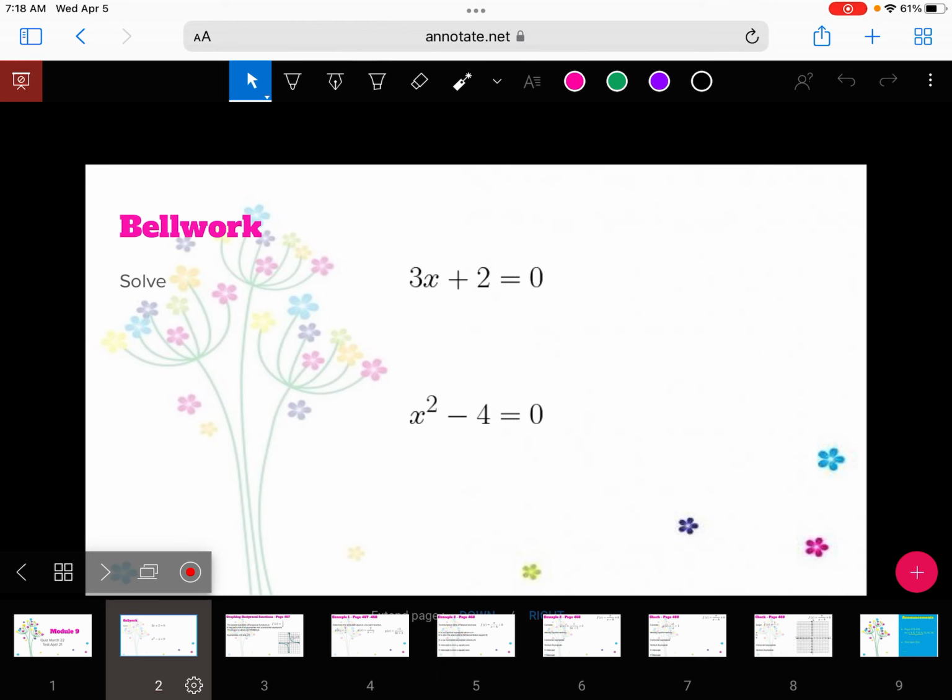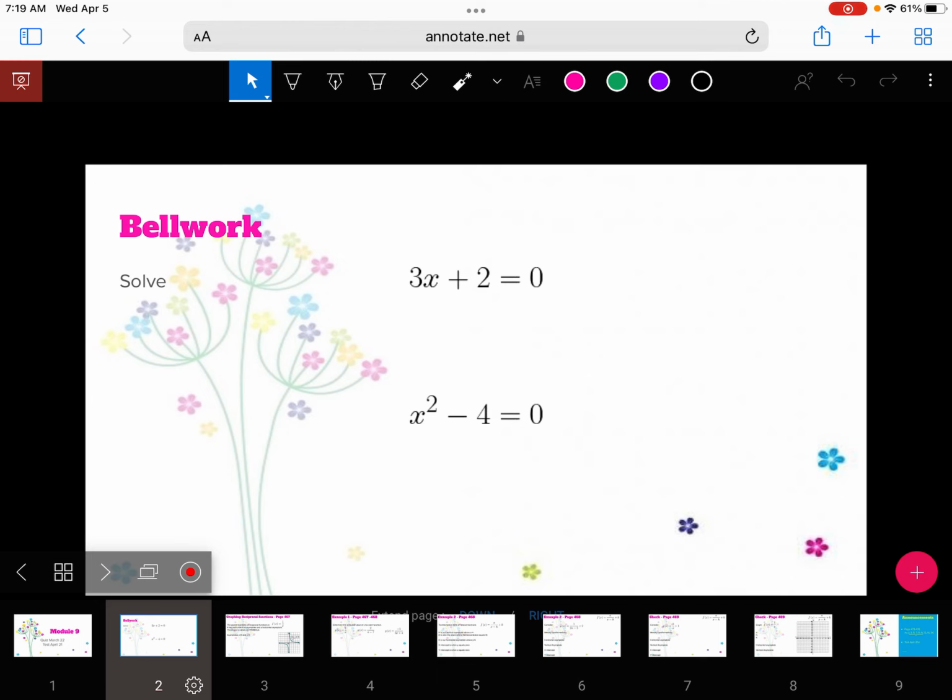All right, for this first one in the bell work, what do we do? How do we solve that? Three x plus 2 equals 0.